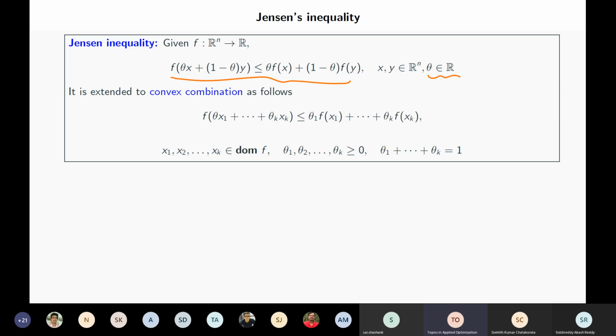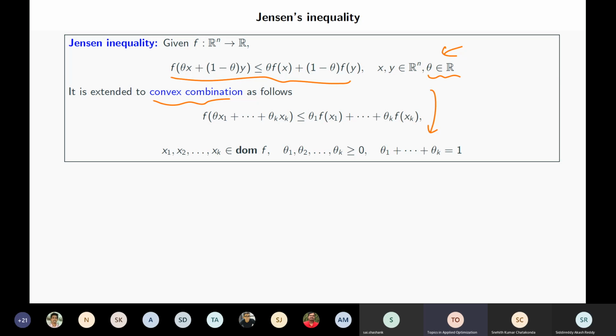And it can be extended to convex combinations as well. It doesn't stop us from putting a restriction on theta, because here it's all possible theta. So this is just a special case where theta does sum to 1.